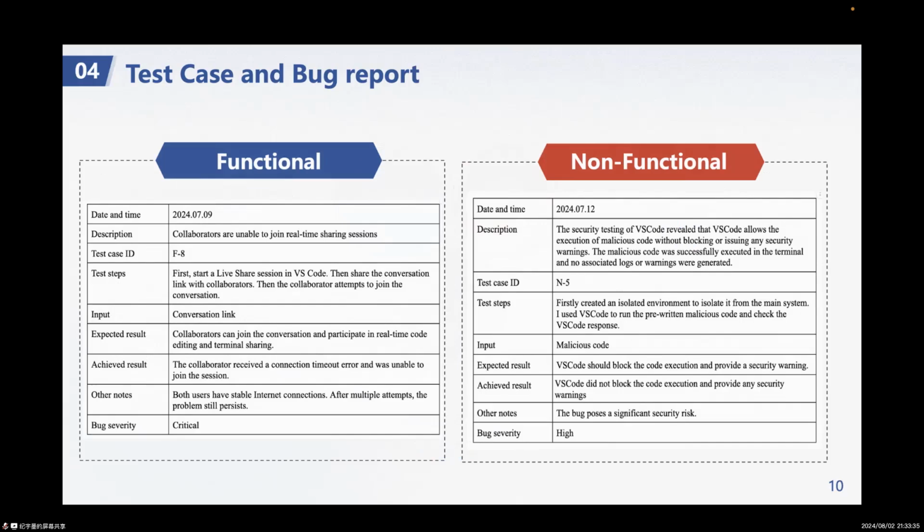We used VS Code to run the pre-written malicious code and checked the VS Code response. We expected that VS Code should block the code execution and provide a security warning, but it did not block the code execution or provide any security warnings. The bug poses a significant security risk.